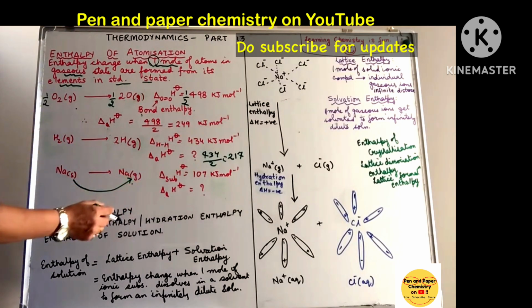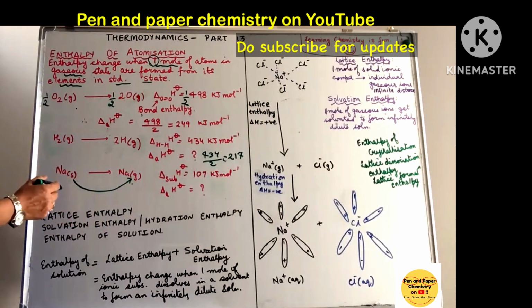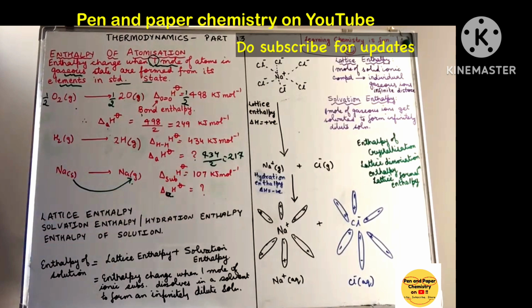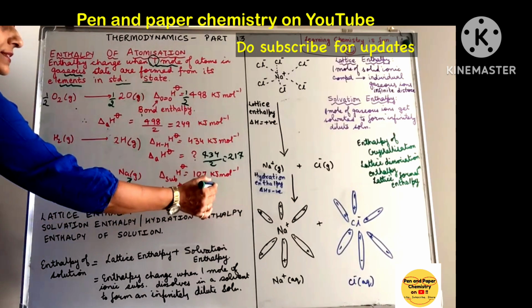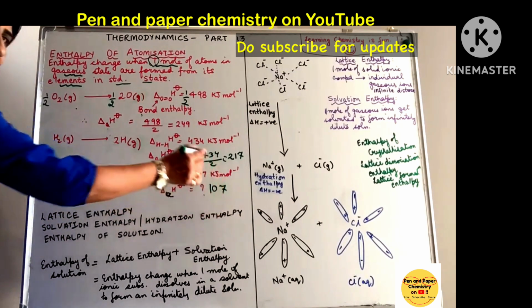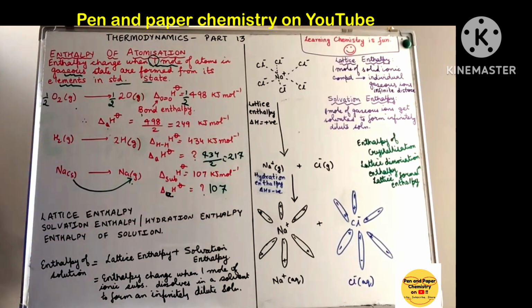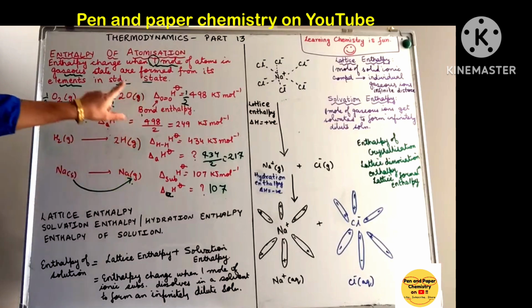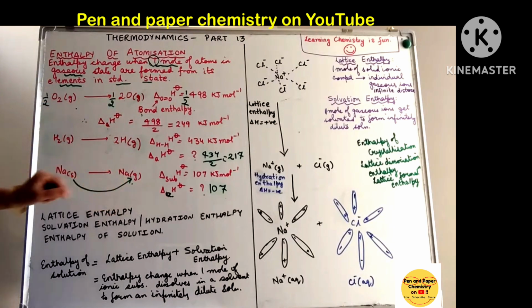So how will you calculate the enthalpy of atomization for sodium? Will you divide by 2, 3 or what? Yes, it will be the same 107 kilojoule per mole, because here we are talking about 1 mole only. We don't have to divide by 2. So you just use a bit of logic and you will be able to find your way around this.